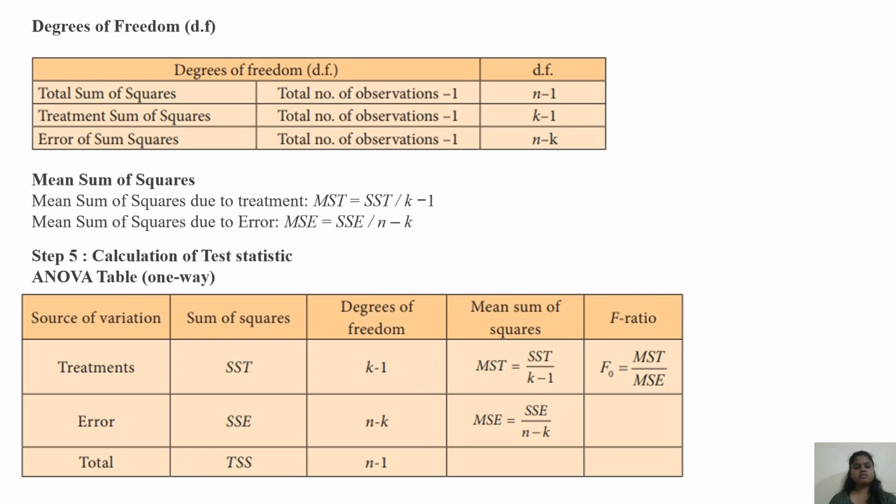Mean sum of squares due to treatment, MST, equals SST by k minus 1, and mean sum of squares due to error, MSE, equals SSE by n minus k. So using this, we will find the MST and MSE values. After finding the MST and MSE values, we need to find the F ratio, that is MST by MSE. We will get a particular value.